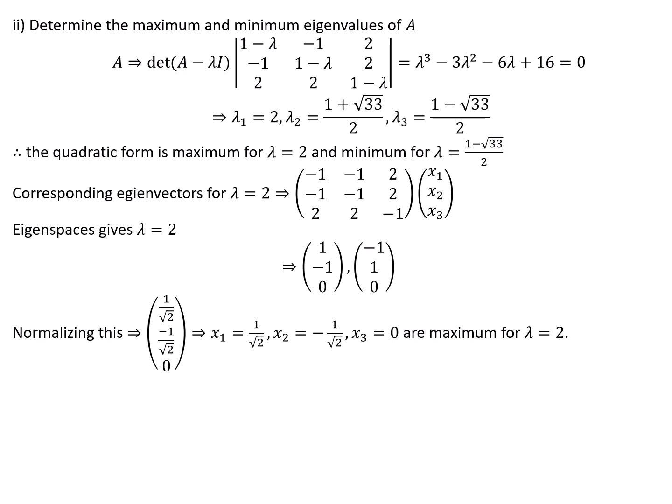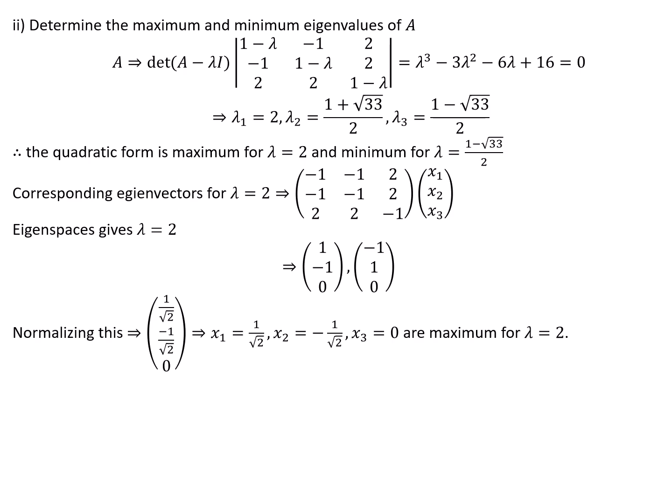So you are going to have 1 minus lambda multiplied by 1 minus lambda minus 4 for that one. Then you also do the same for column 2. When you follow the normal steps, you will have your equation as lambda raised to the power of 3 minus 3 lambda squared minus 6 lambda plus 16 equals 0.